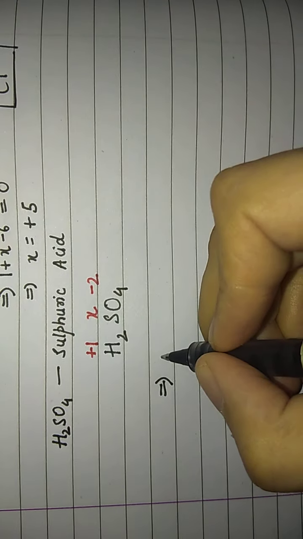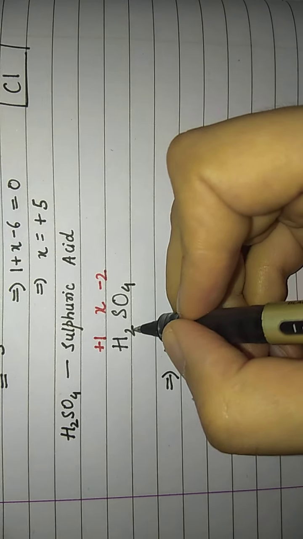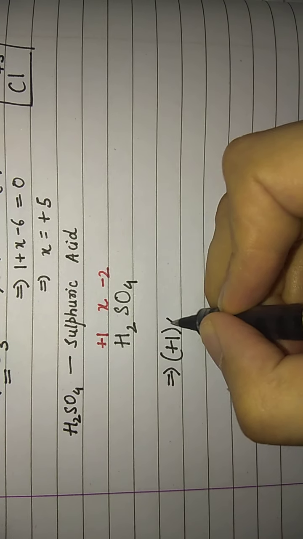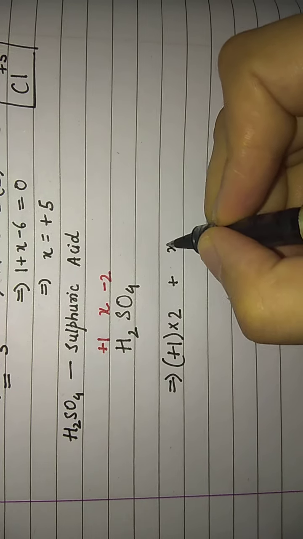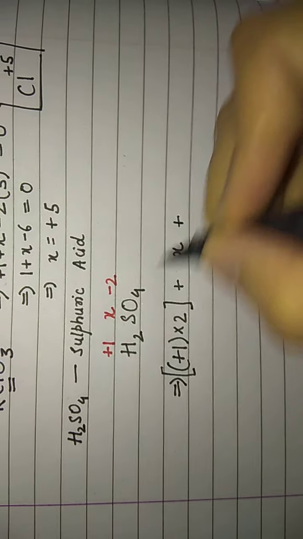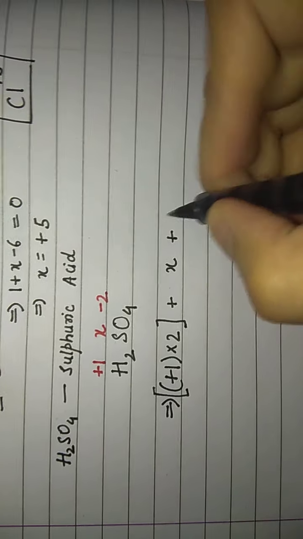So the sum of charges will be +1, and how many hydrogens are present? 2 hydrogens are present, so +1 will be multiplied by 2, plus X, let me put this in brackets, plus -2. And how many oxygens are there? 4.